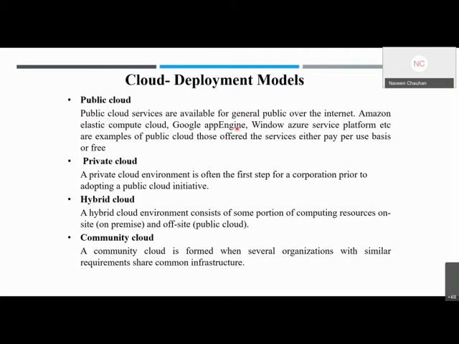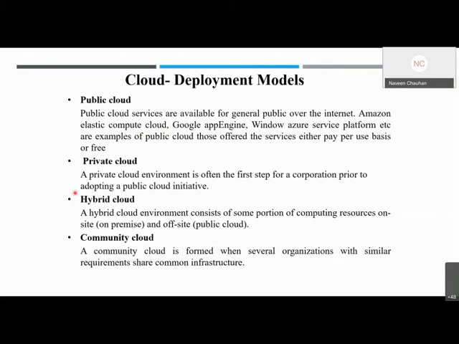Public cloud services are available to the general public over the internet. Amazon Elastic Compute Cloud, Google App Engine and Windows Azure service platforms are examples of the public cloud. They offer services either on a pay-per-use basis, or some of these services are also free.